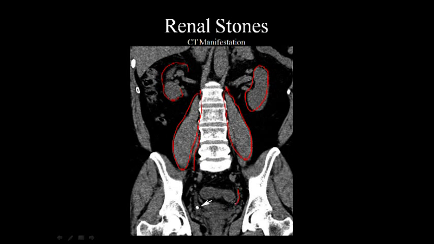We lose it. We have the ureter here, and we have the ureter here. And so this is what we're looking for. It's a stone lodged around the UPJ or UVJ going into the bladder. And so typically that's what you're going to look for.